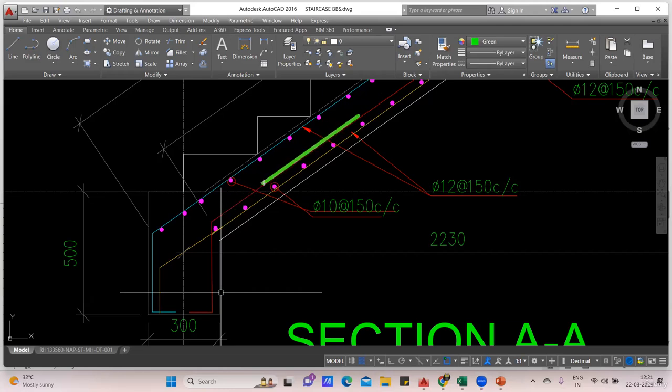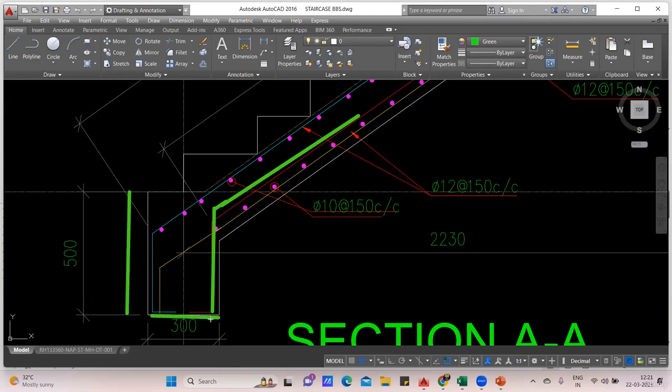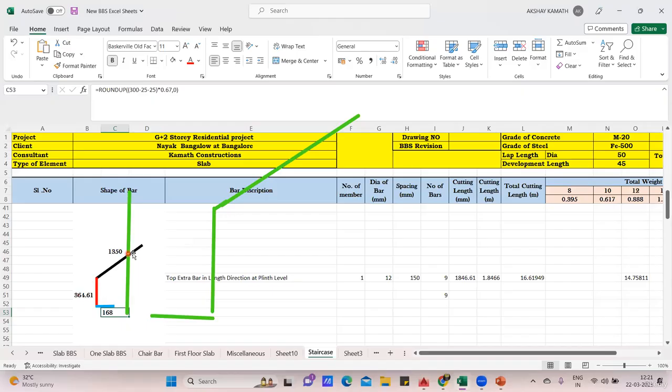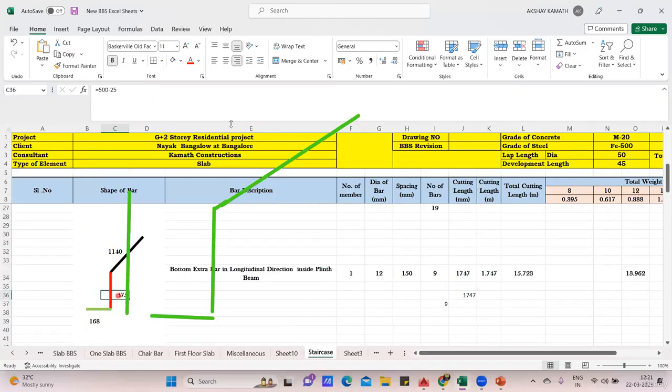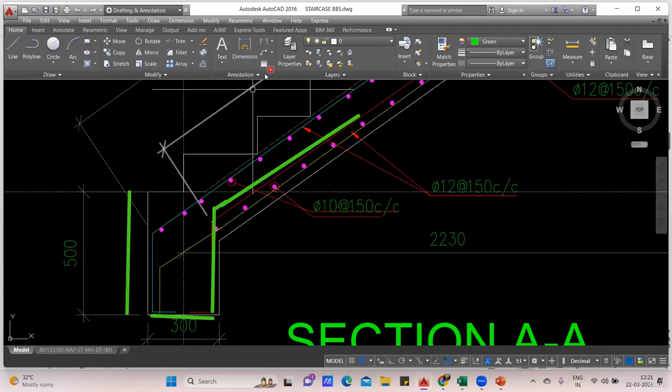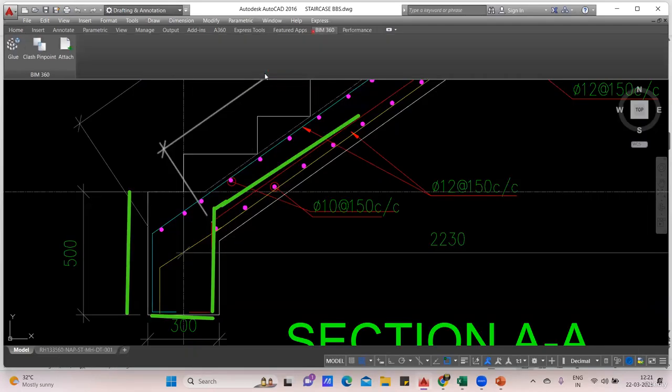But actually this should have ended here only. It will end somewhere here, and then this will go something like this. So in that case, whatever depth you have, from there only the bottom cover you have to deduct. That is what we are supposed to do. Got it? So anyhow, try to understand the concept, that is enough for us.